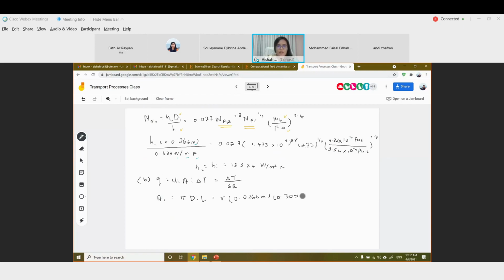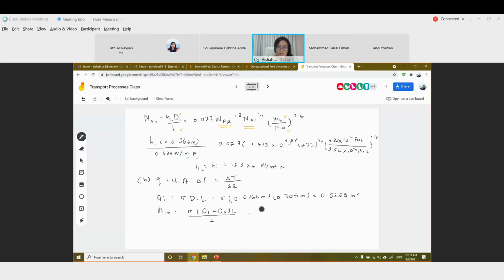This is basically the area of a cylinder. So you can get 0.0255 meters squared. Okay, so we have this, but let's try to calculate the log mean area, which is pi times the inside diameter plus outside diameter times length divided by 2.